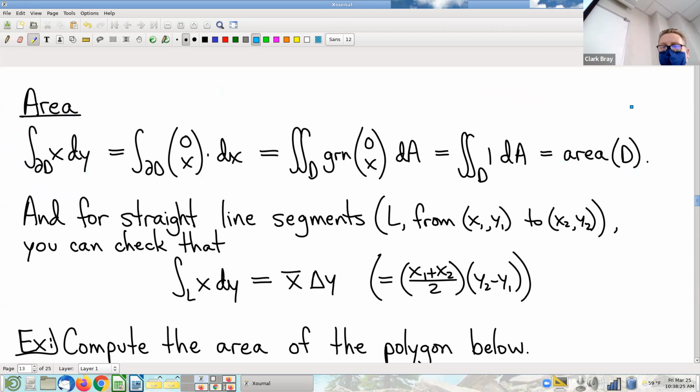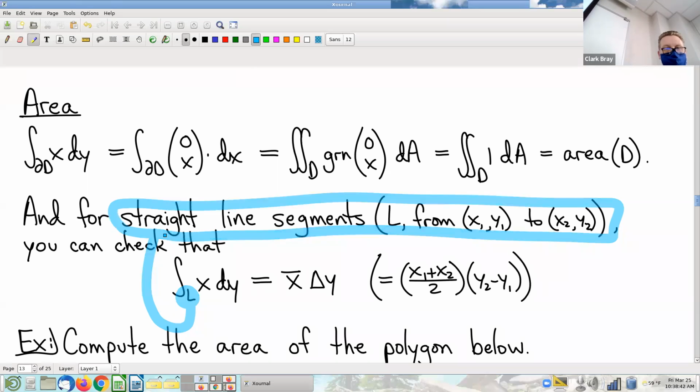Fine. So what does that allow me to do? Well, how do I compute integral x dy? On a boundary curve, you parameterize and plug and chug. But it turns out if you focus your attention, instead of on an entire boundary, if you just look at a straight line segment, it's really easy to compute integral x dy.